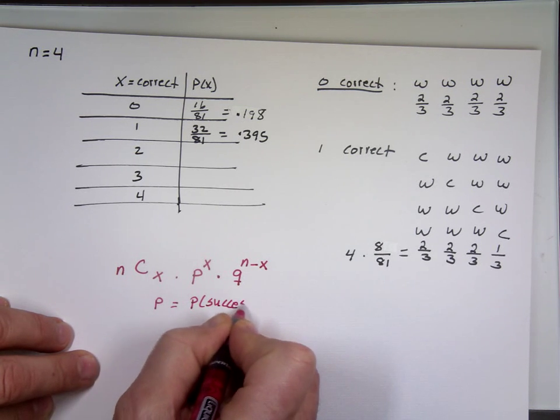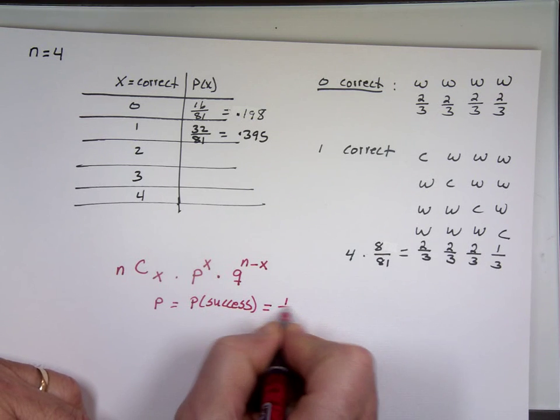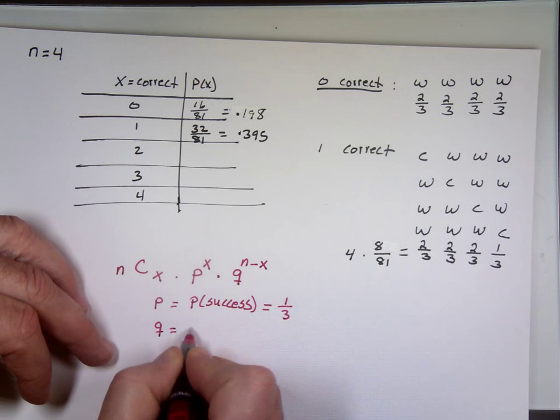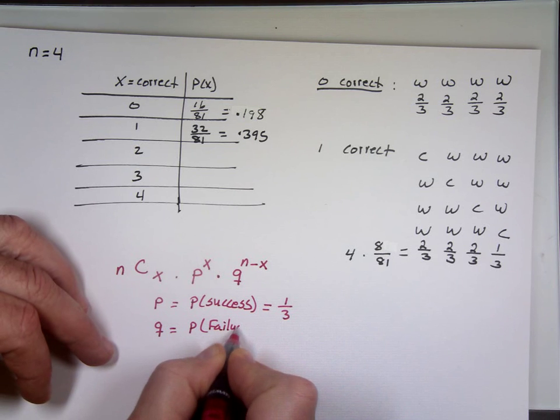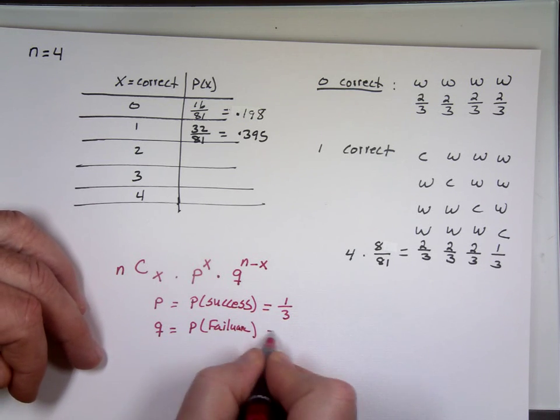For this example, success for us is guessing the correct answer, so that's 1 out of 3. Q is the probability of failure. And failure, what's the probability of that? 2 out of 3?